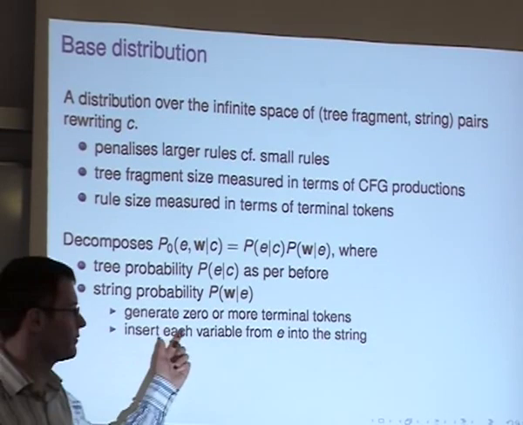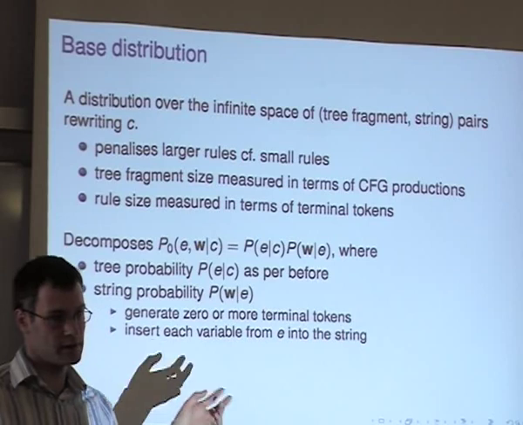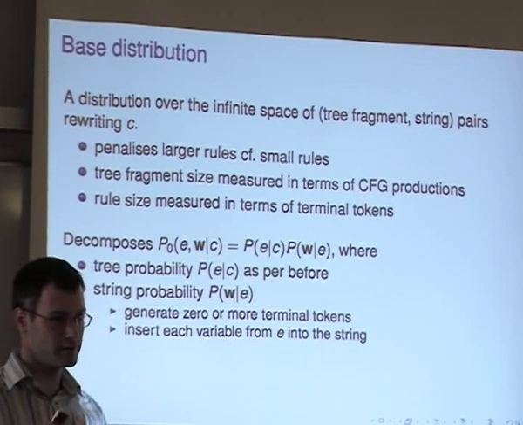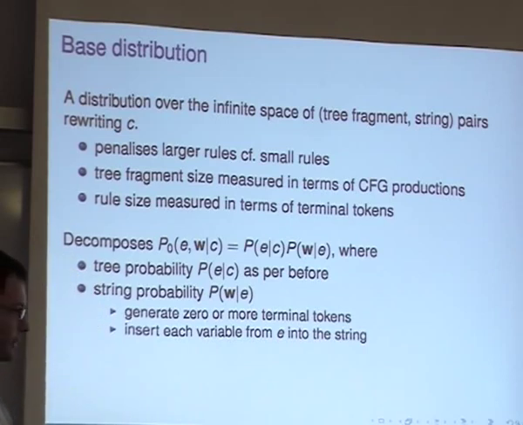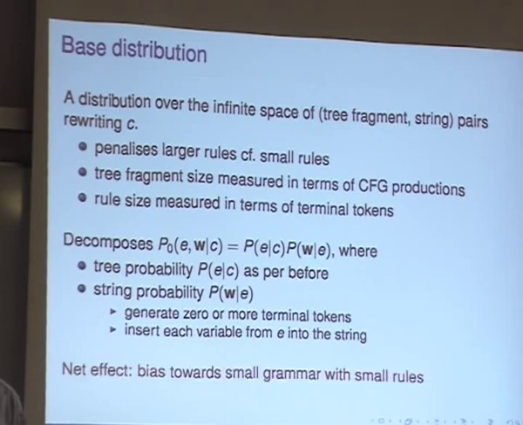Then for every non-terminal frontier node in E, so the number of variables we need, we insert each of them randomly at some point into the string in order. So this could be made a lot more elegant and a lot richer, but this seemed to suffice.